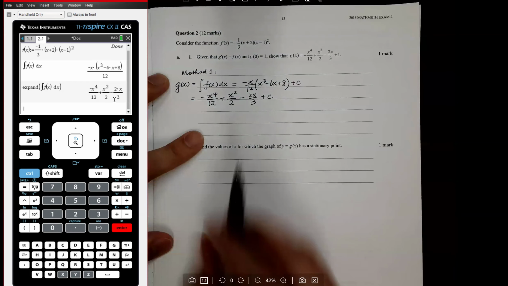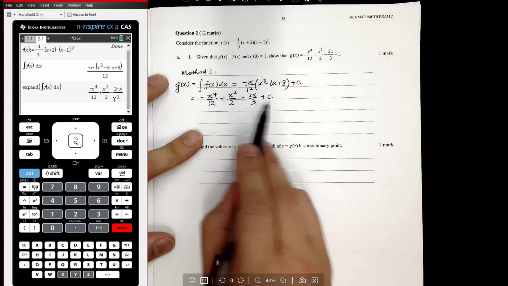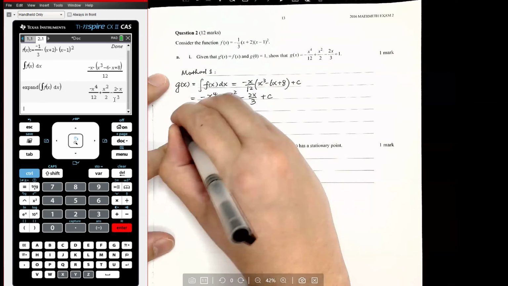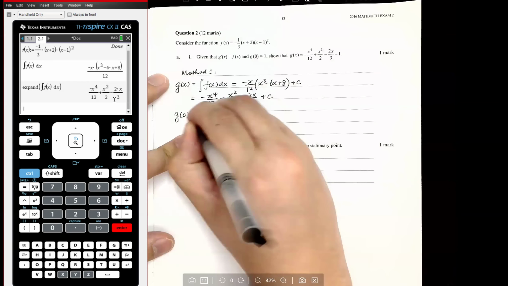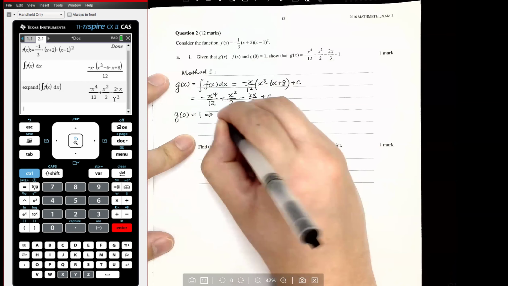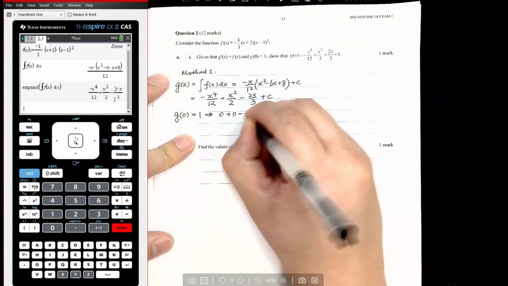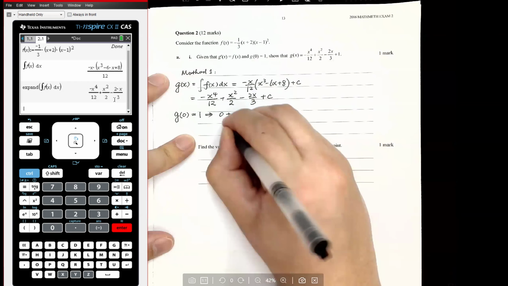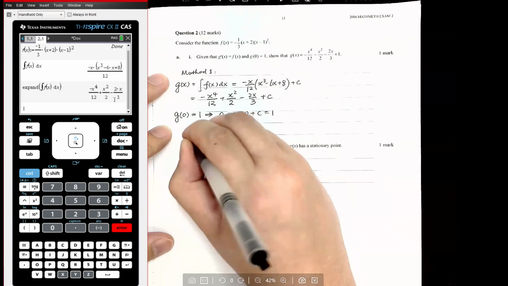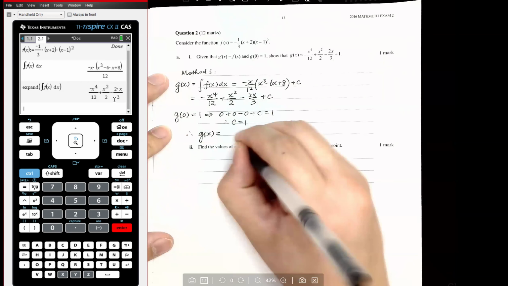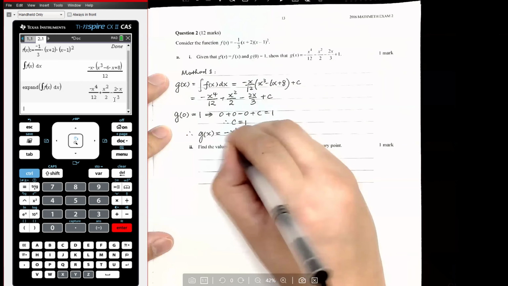So you need to show your general antiderivative with the c unknown and then use g(0) equals 1. So you get 0 plus 0 minus 0 plus c equals 1. Therefore, c equals 1, and thus g of x equals the given expression.